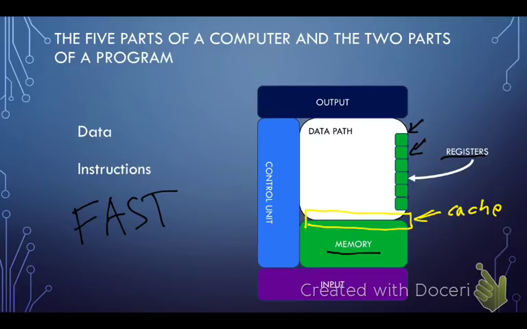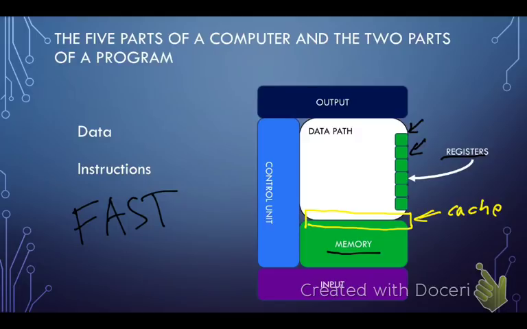We'll read it from the cache. And if it's not in the cache, we'll get it from memory, put it in the cache, and then put it in registers. And often we won't write from the data path directly to main memory. We'll write to the cache, for instance, and then that will go out to main memory at some point in time. Okay, so cache certainly is an important part of the memory hierarchy.